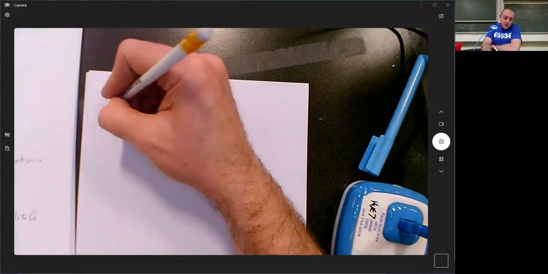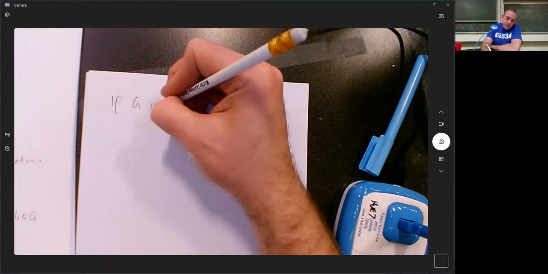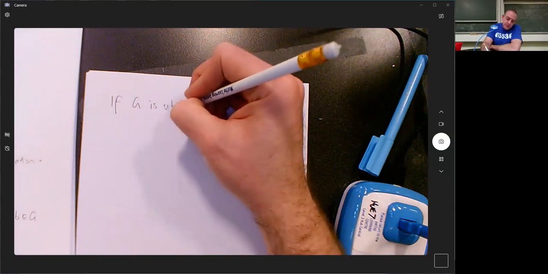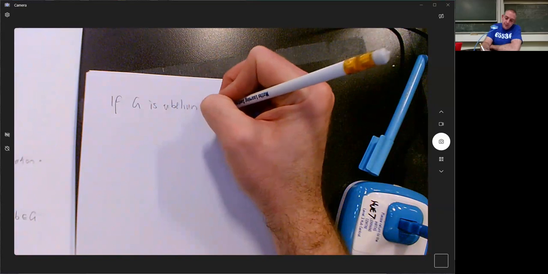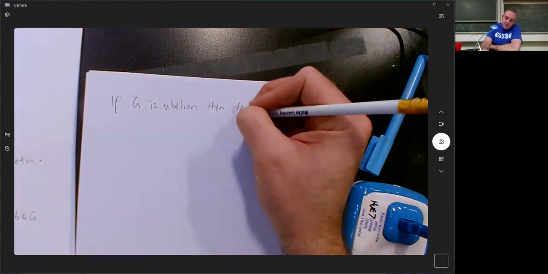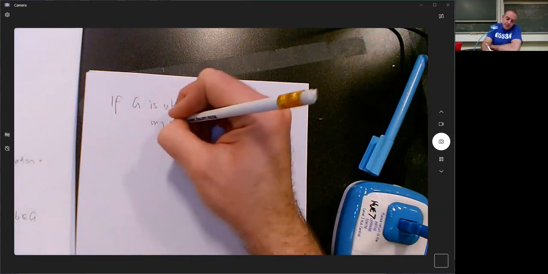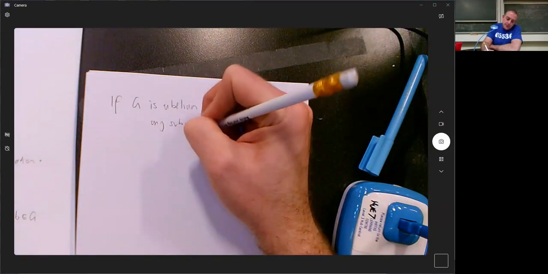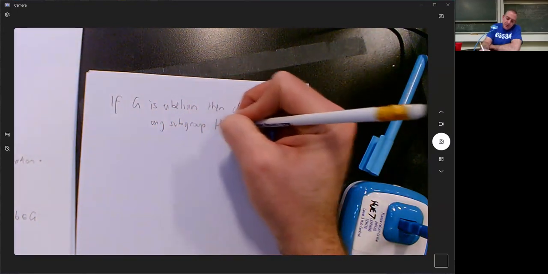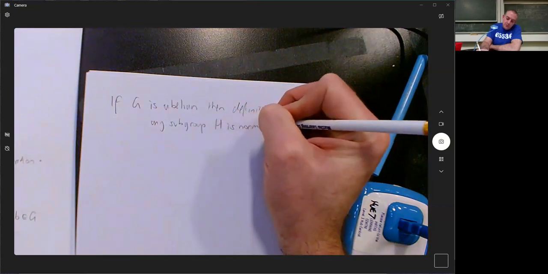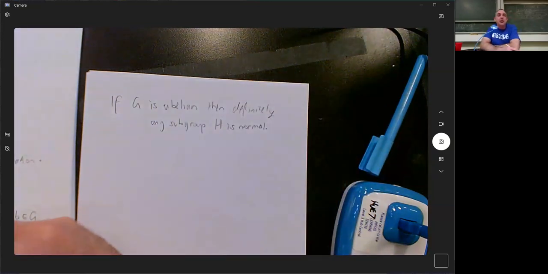So if G is abelian, then definitely any subgroup H is normal, because it doesn't matter what side you multiply anything on ever.